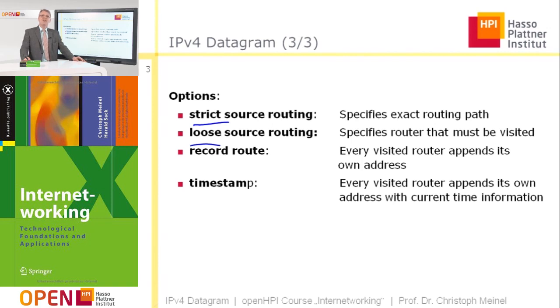Here, not only the address of the router is put in, but also exactly the time when the router transmits the packet to the next router. Also here, this is important for control purposes, that besides the address, the time a router was passed is described.